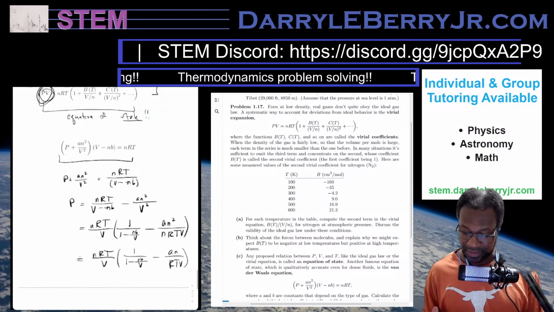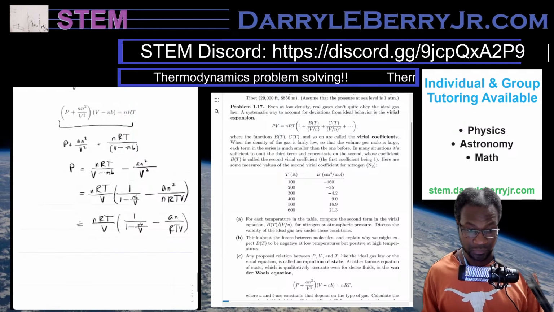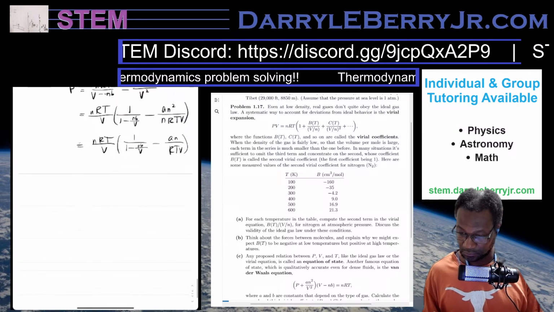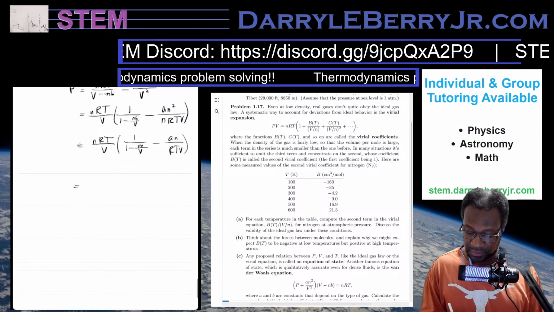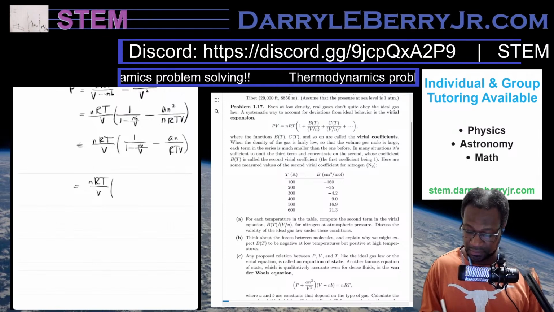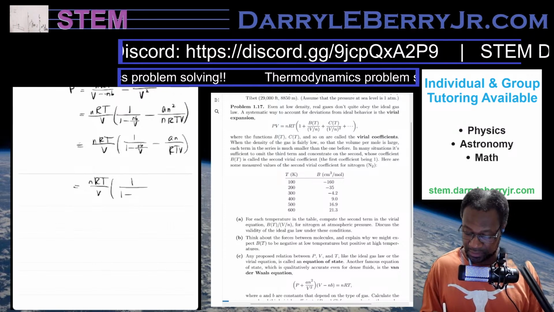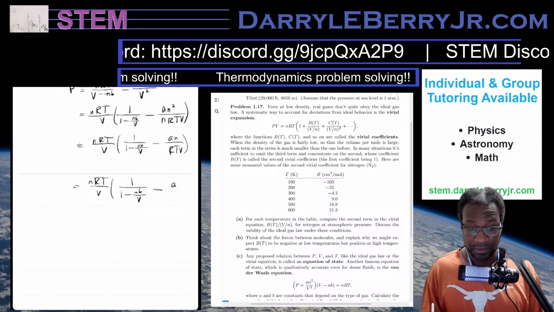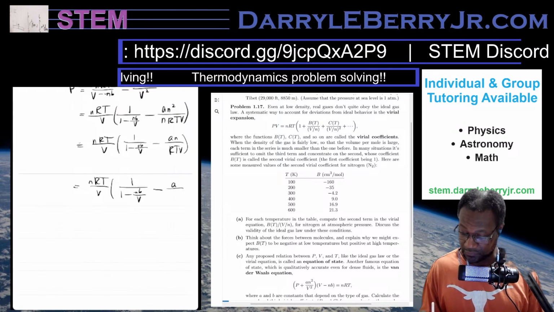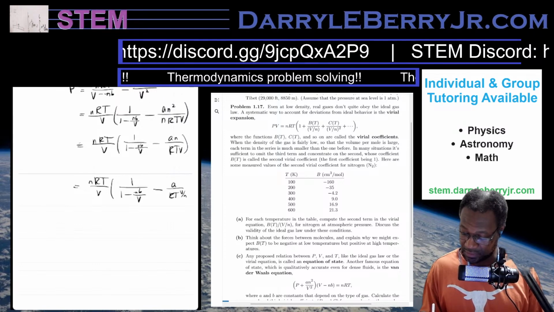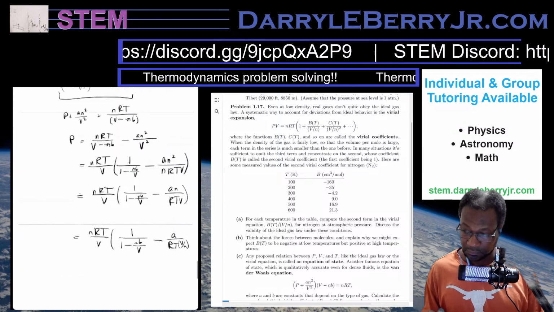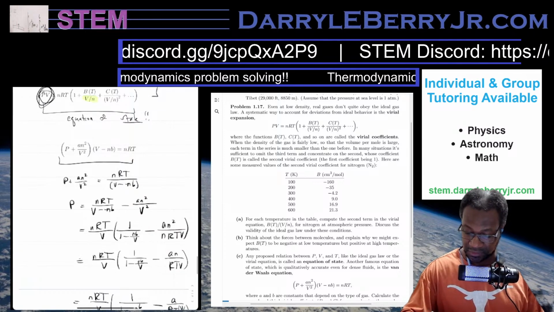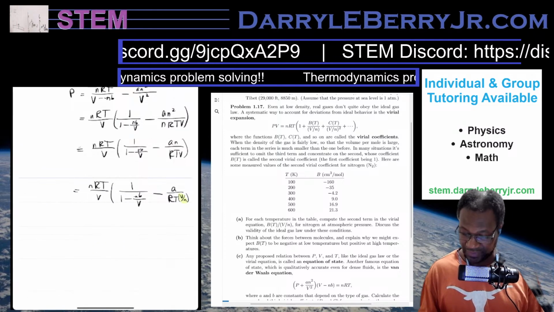The second term on the right-hand side is already in the form of temperature-dependent coefficient over V. It means nRT over V, 1 over 1 minus nb over V, minus a over RT times 1 over V. We're putting it into the 1 over V form because I noticed that V is in the denominator.